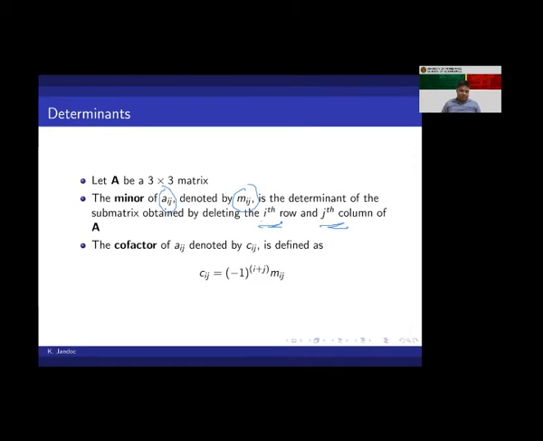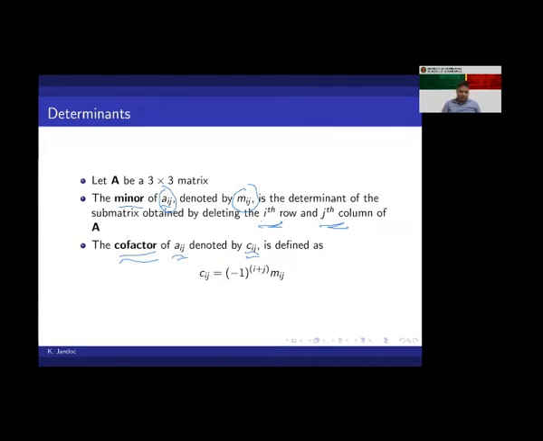Now, associated with entry Aij is not only the minor, but also what we call the cofactor. So for entry Aij, you can define a minor, but you can also define a cofactor, which is denoted by Cij, and this is defined as the following.